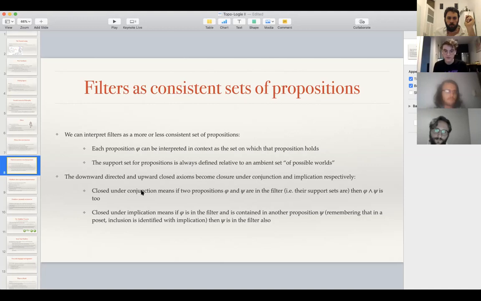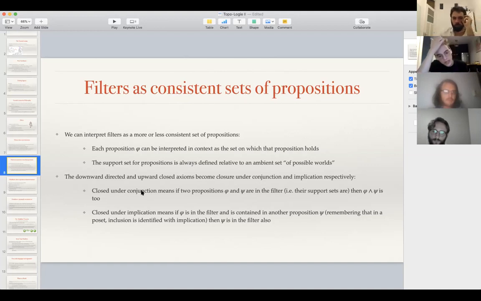If two propositions are in the filter, then their conjunction, phi and psi, will also be in the filter. And implication means that if the support set of a proposition phi is in the filter and it's contained in a larger set of some proposition psi, then psi is also in the filter.